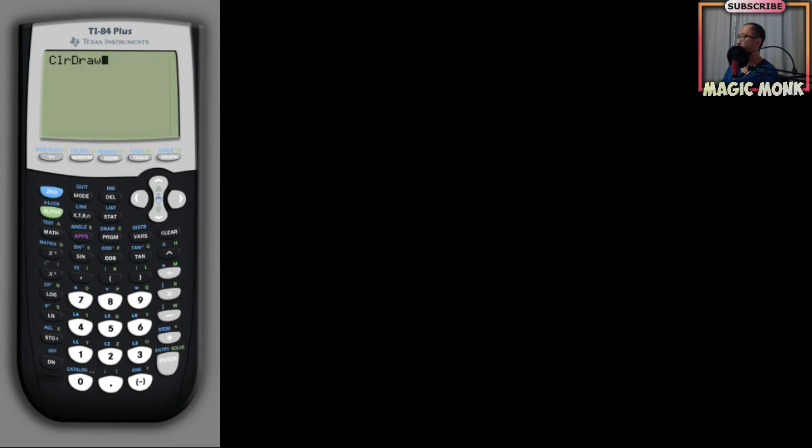Then I'm going to go to variable, and then go to y variable, function, and then y2, and then press comma. Where's comma? And then variable, y variable, function, y1.